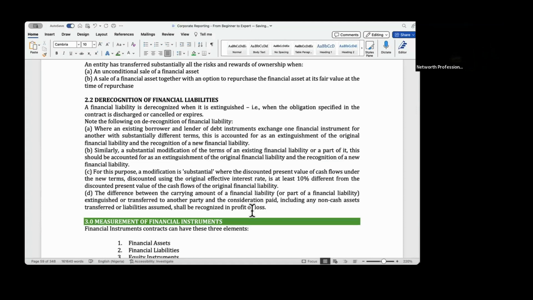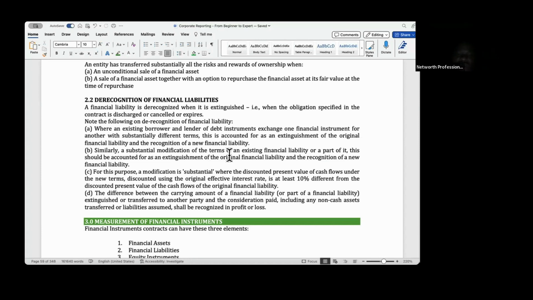Okay, so those are the other issues you need to know around financial liability. When you exchange one financial liability with another, the one you are transferring or exchanging, you have to remove it from your books. When you modify the original terms of the financial liability, if the modification is substantial, you also have to remove that from your books.